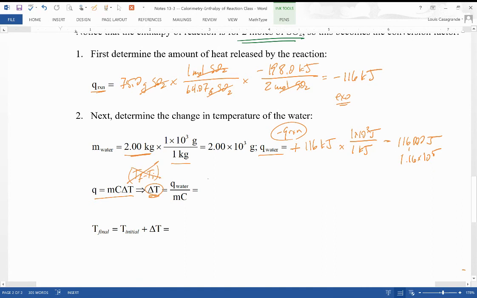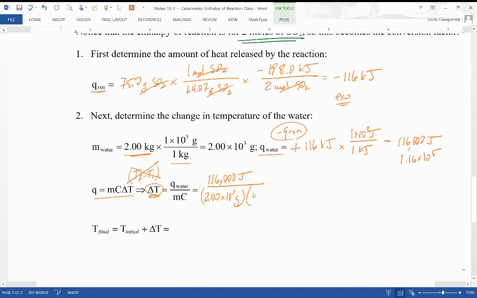Q of the water is positive 116,000 joules. The mass of the water we said was 2,000. I'm going to use sig figs here, 2.00 times 10 to the third grams.